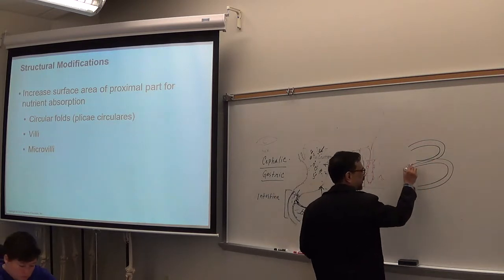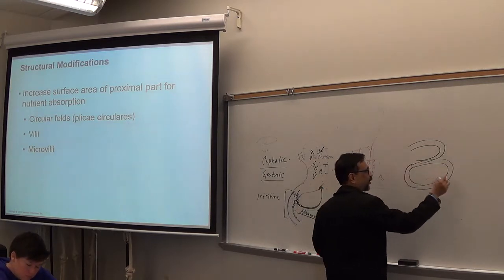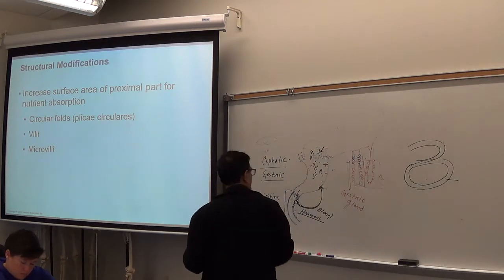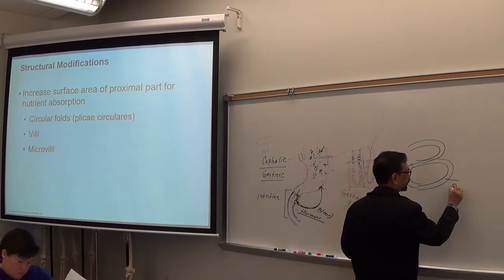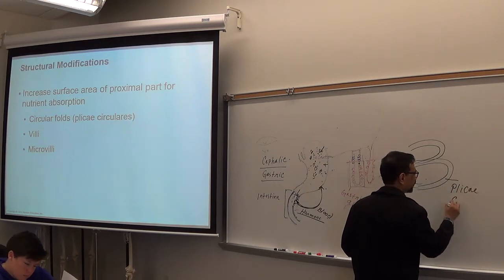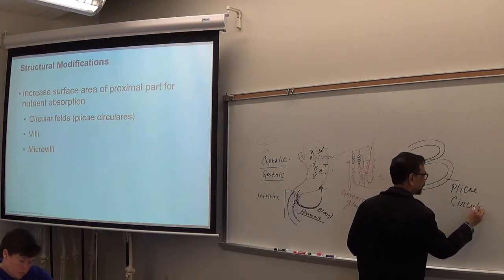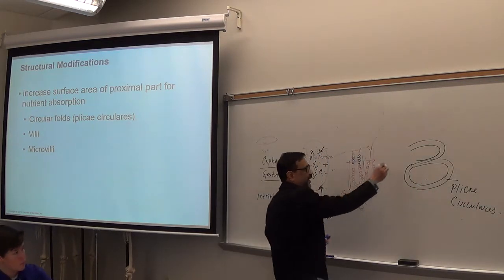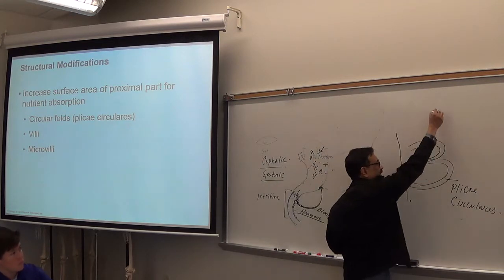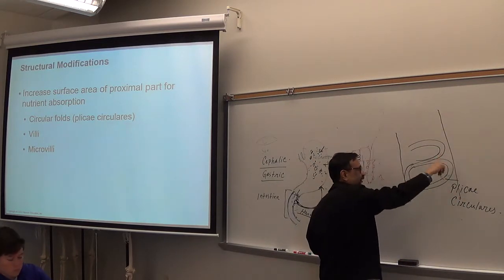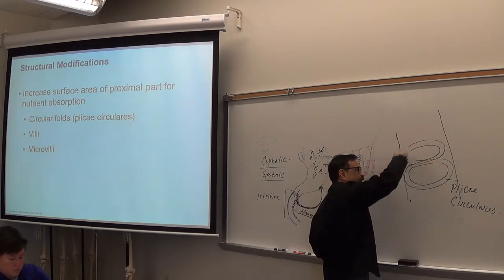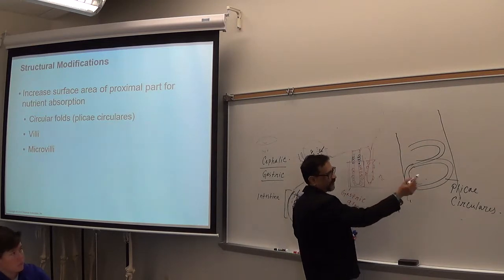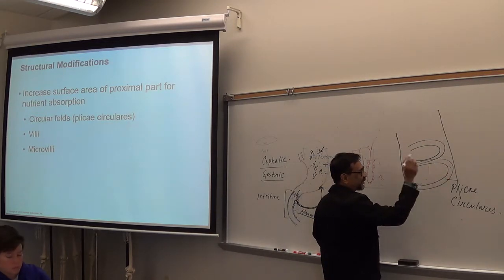And these folds are called plica circularis. So this is inside the small intestine. In the mucosa of the small intestine, you have circular folds like this. Difficult to draw. So this is plica circularis.